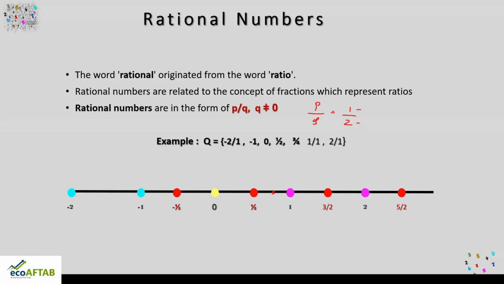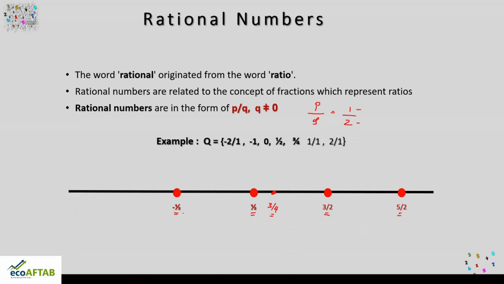If I see this particular red dot at this point, you will get 3 by 4, 3/4. So friends, this half, 3/4, 3 by 2, 5 by 2 or minus 1 by 2, these are the numbers that come along with all the previous numbers that we have studied.